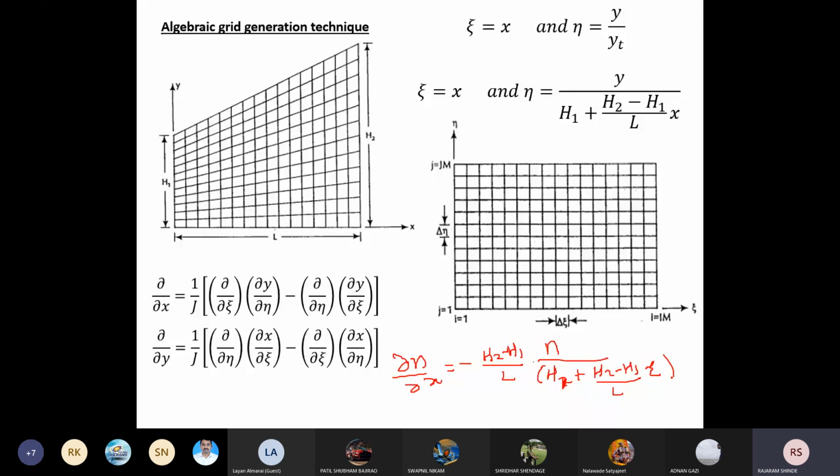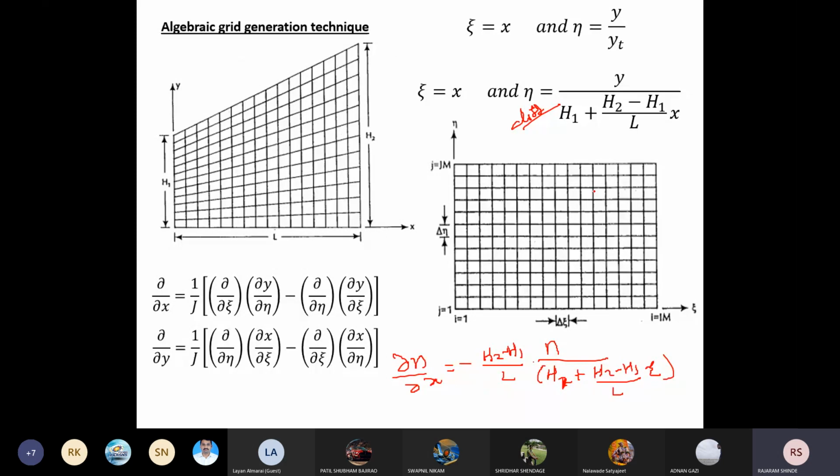What I have done here is calculate the derivative of this one, the differentiation with respect to x. That derivative is in terms of y and x, but when we want to solve all the equations in the computational plane, we need to transform all the equations in terms of xi and eta.